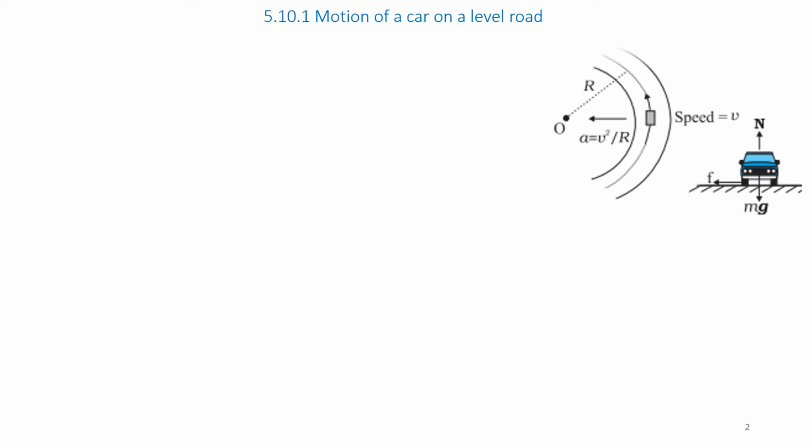Okay, the first case is motion of a car on a level road. Please see the figure on the right hand side. The car is moving with a speed v in a circular path, and its acceleration is given by v square by r, as shown in the figure.